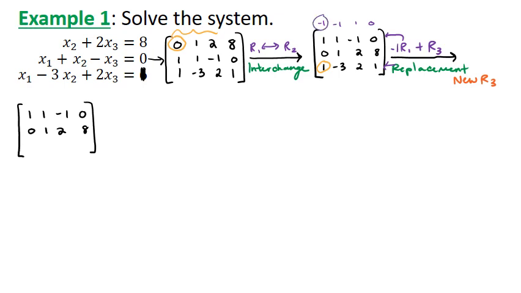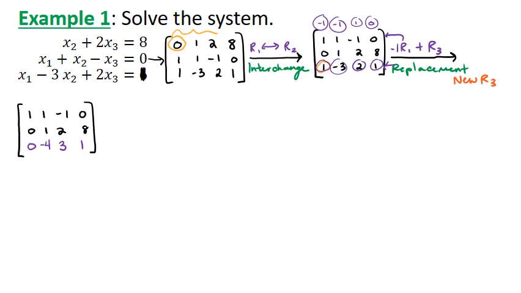So I'll have negative 1 plus 1, which is 0. Negative 1 plus negative 3 is negative 4. 1 plus 2 is 3, and 0 plus 1 is 1. So I have this new matrix.